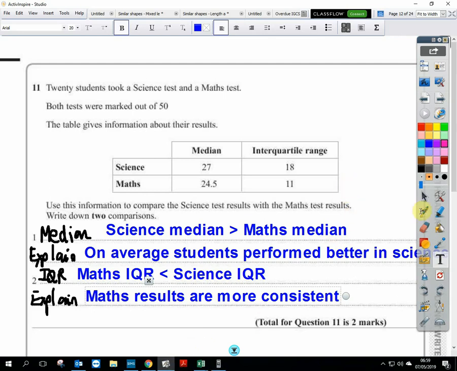But the exam board like the word consistent. Now, to get the marks, at least one of these descriptions must be in context. So I have satisfied that condition, but it's just so much easier to set it out like this. Median explain, IQR explain.